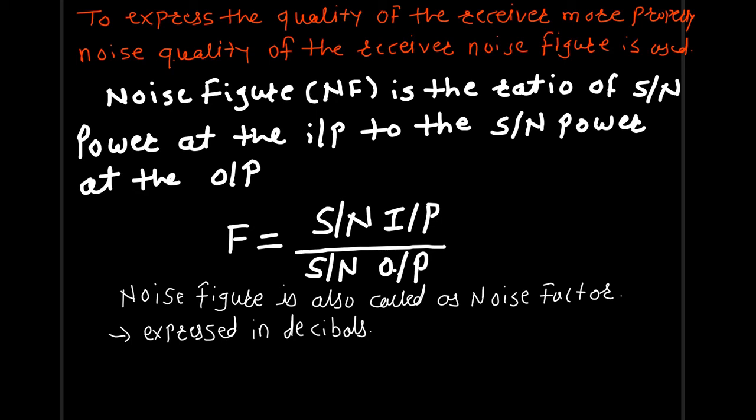An amplifier or receiver will always have more noise at the output than at the input. This is due to the fact that the amplifier or receiver generates internal noise, and along with the signal, noise also gets amplified.